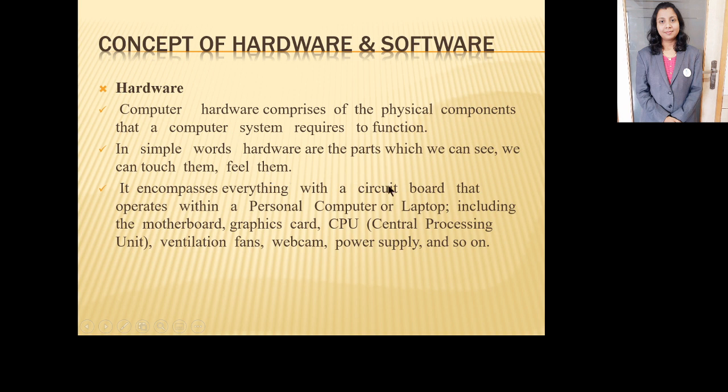It encompasses everything with a circuit board that operates within a personal computer or a laptop, including the motherboard, the graphics card, CPU, ventilation fans, webcams, power supply and so on. So these are the examples of what hardware consists of. It also consists of the circuit board which is present in the personal computer or a laptop.